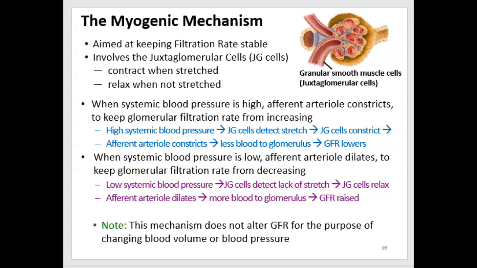I want you to realize, though, that this mechanism doesn't alter glomerular filtration rate for the purpose of changing blood volume or changing the pressure. It's all about keeping glomerular filtration stable just for waste removal. That's all.